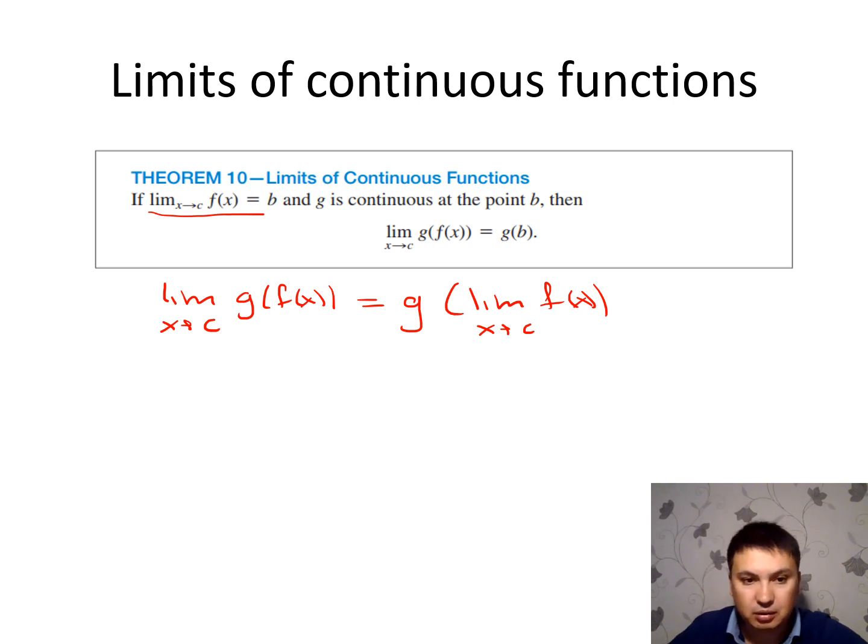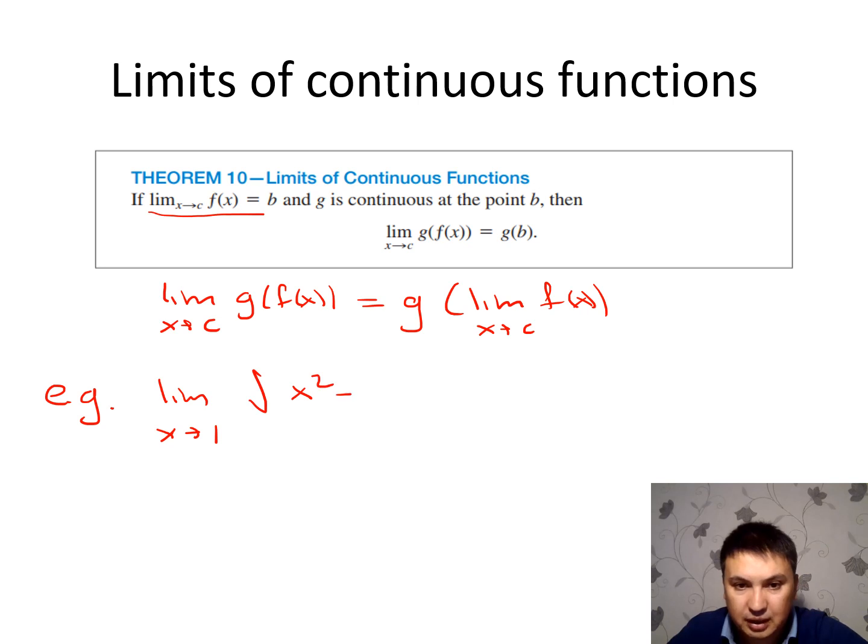Okay, so a quick example. Let's say that you want to take the limit as x goes to 1 of the square root of x squared minus sine of x plus 5 or something, right? So you want to take this limit. But we know that the square root is continuous whenever it's defined, right?